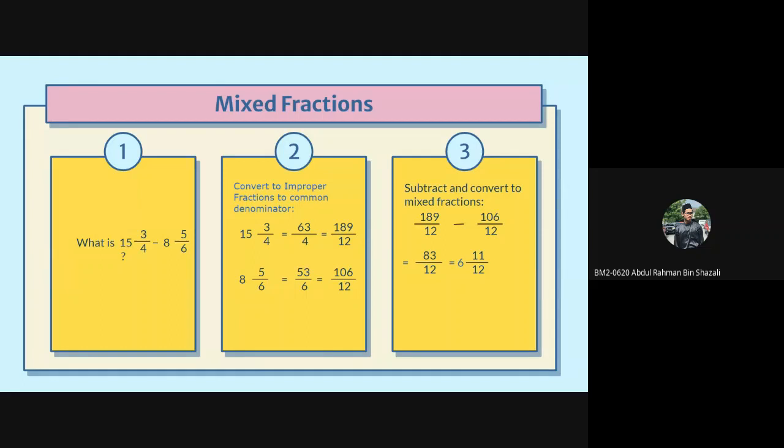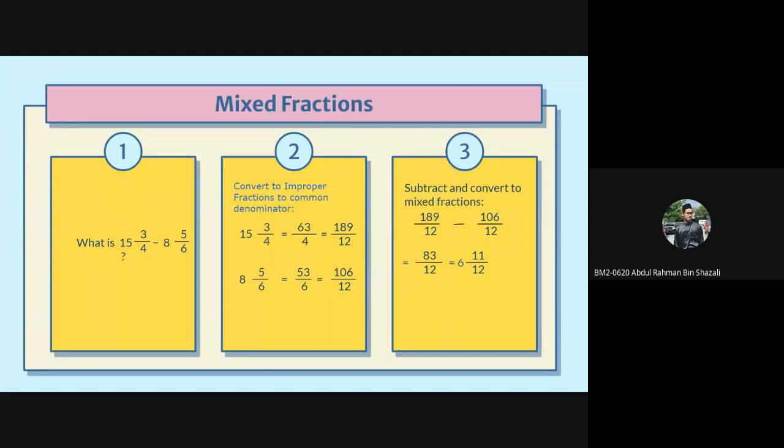So 63/4 is equal to 189/12, and 53/6 is equal to 106/12. So both of the fractions have the same common denominator.